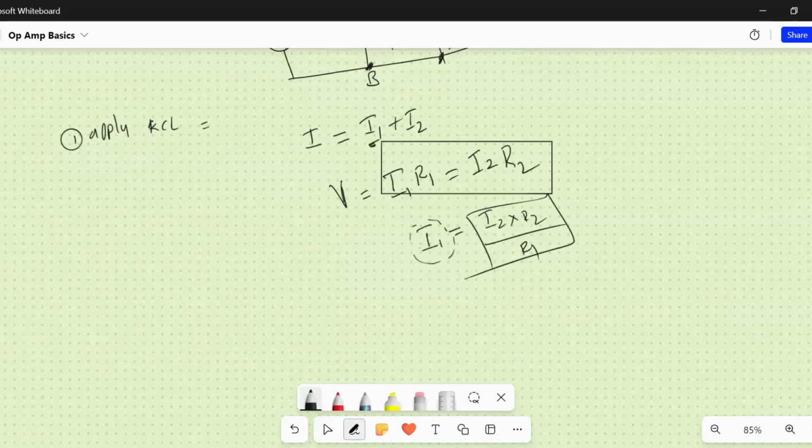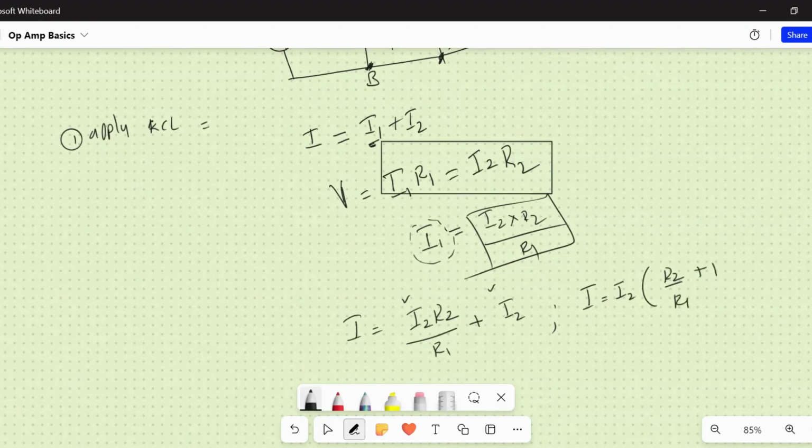Yes. I is I2 into R2 divided by R1, plus I2. You got the common factor here. I is I2 into, R2 divided by R1 plus 1, which is R1 plus R2. Solve this problem.